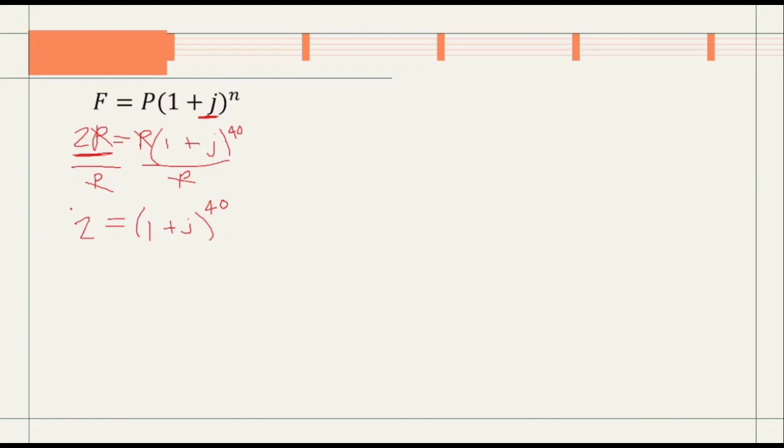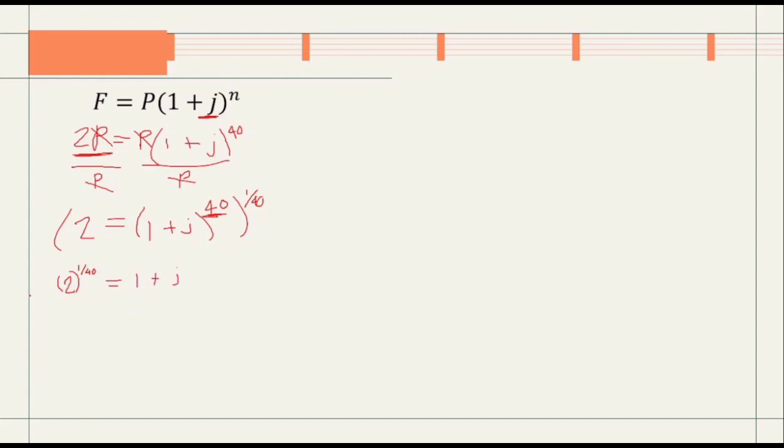And then raise both sides by 1 over 40 to eliminate this 40 on this side. So 2 raised to 1 over 40 is equal to 1 plus j.